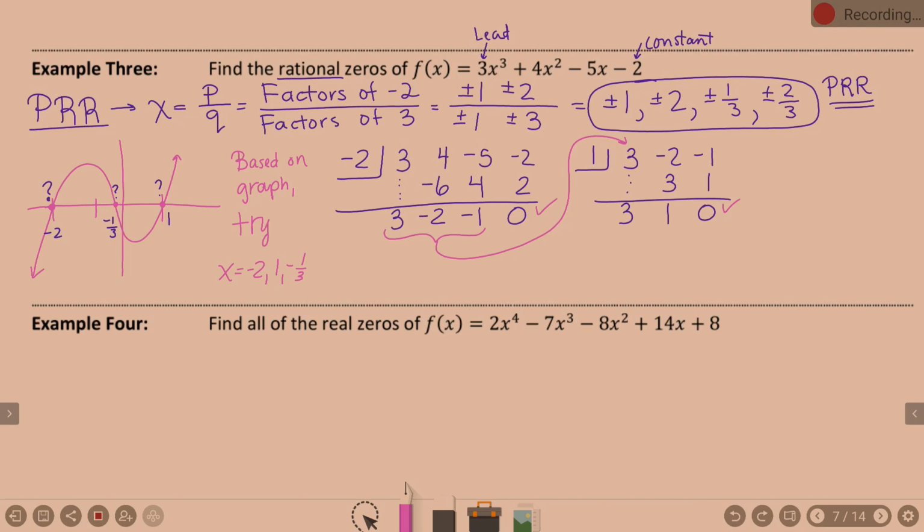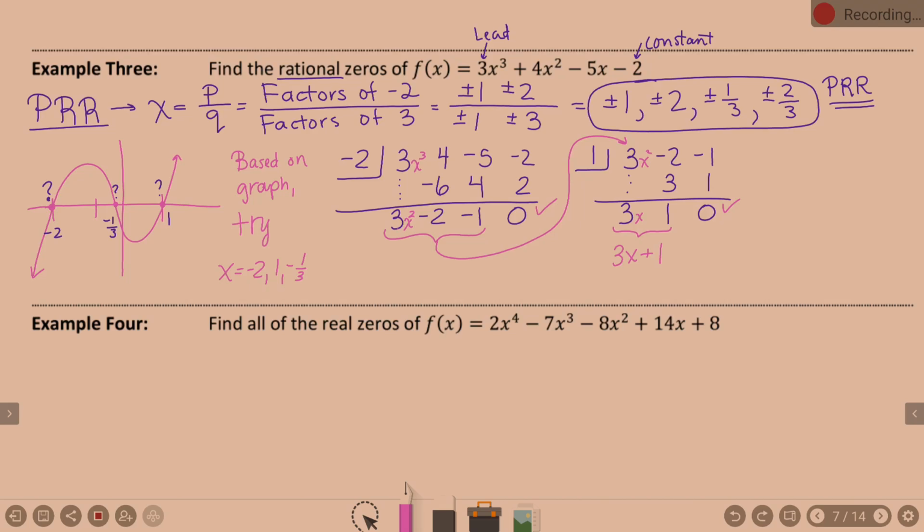Okay, what does this 3 and 1 represent? Original problem was 3x cubed, yes? So what's that mean this 3 right here is? That was 3x squared. Carry it over here, this is 3x squared. What's this 3 represent? 3x. So think about this as 3x plus 1. That's our final factor.